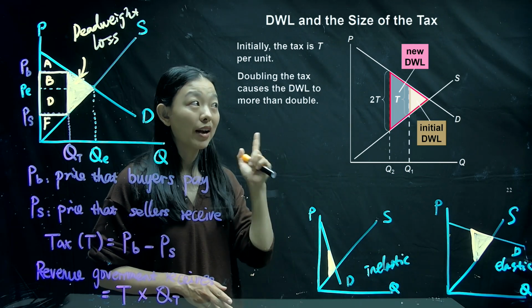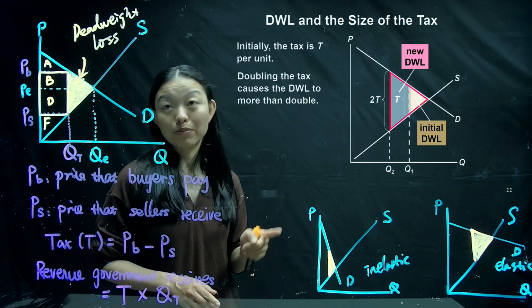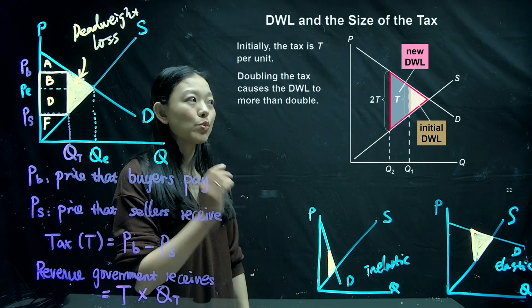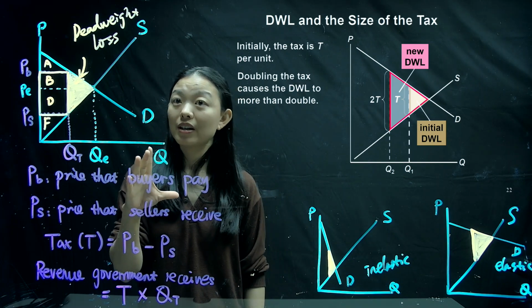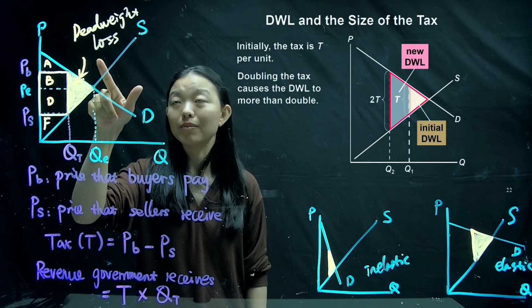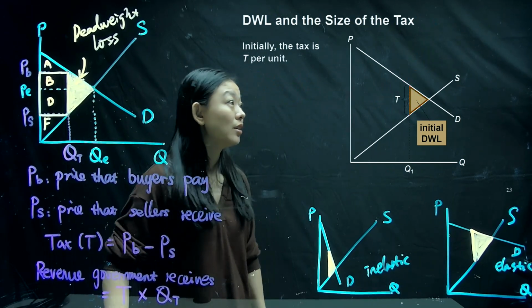From this graph, you can notice the new deadweight loss is more than double the initial deadweight loss, right? Which means once the government doubles the tax rate, it will result in a much larger deadweight loss than double the original.